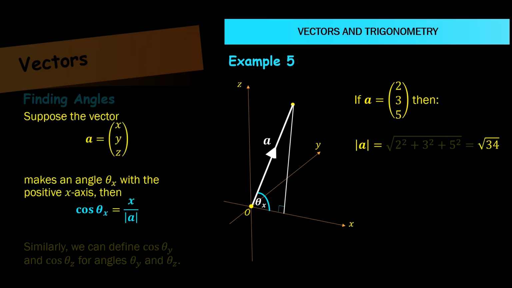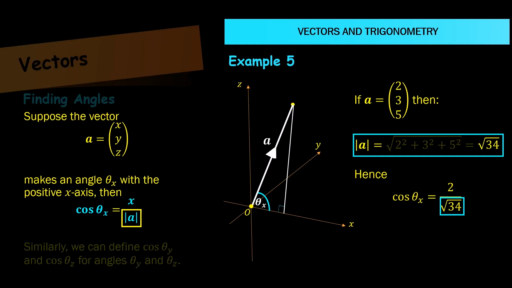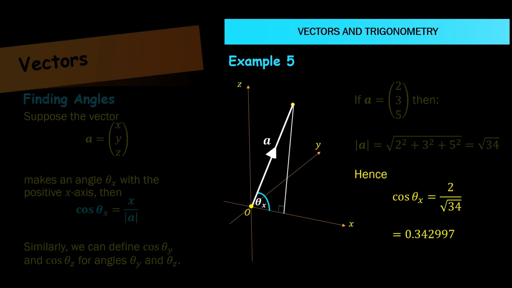So if we want to find cos theta x, we have that cos theta x equals 2 over root 34, which equals 0.342997. And therefore, theta x equals 69.9 degrees.